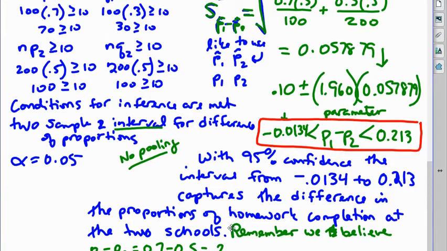So since 0.2 falls in the window, the interval of negative 0.0134 to 0.213, we would not question the validity of their report.